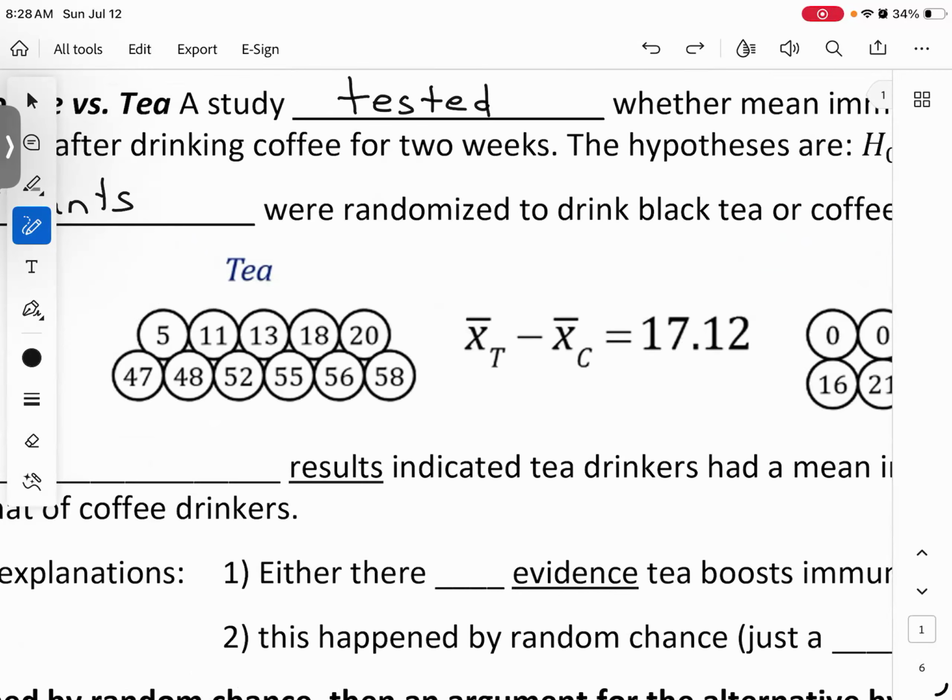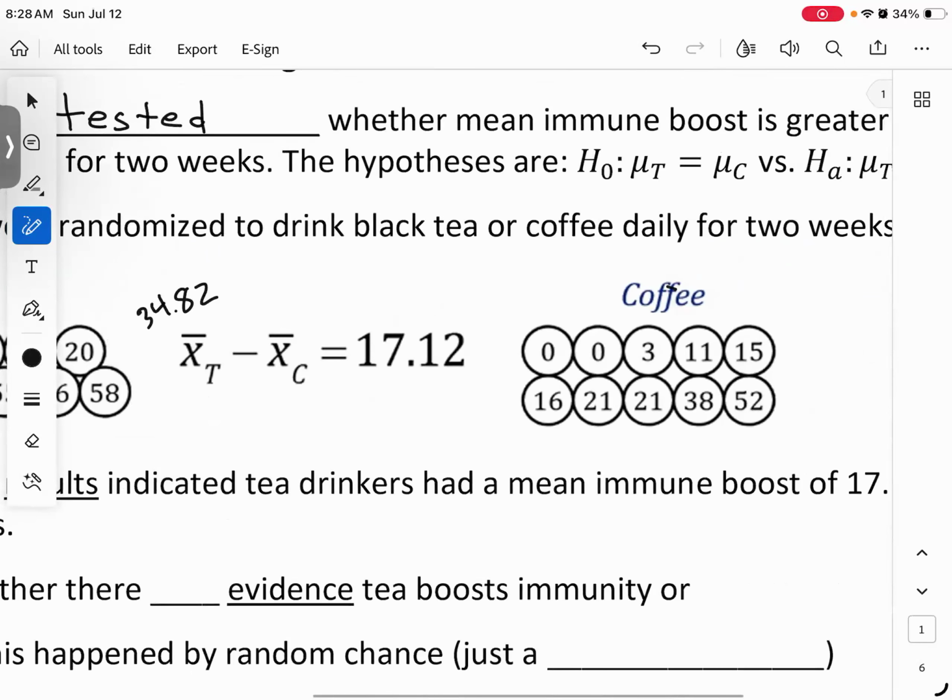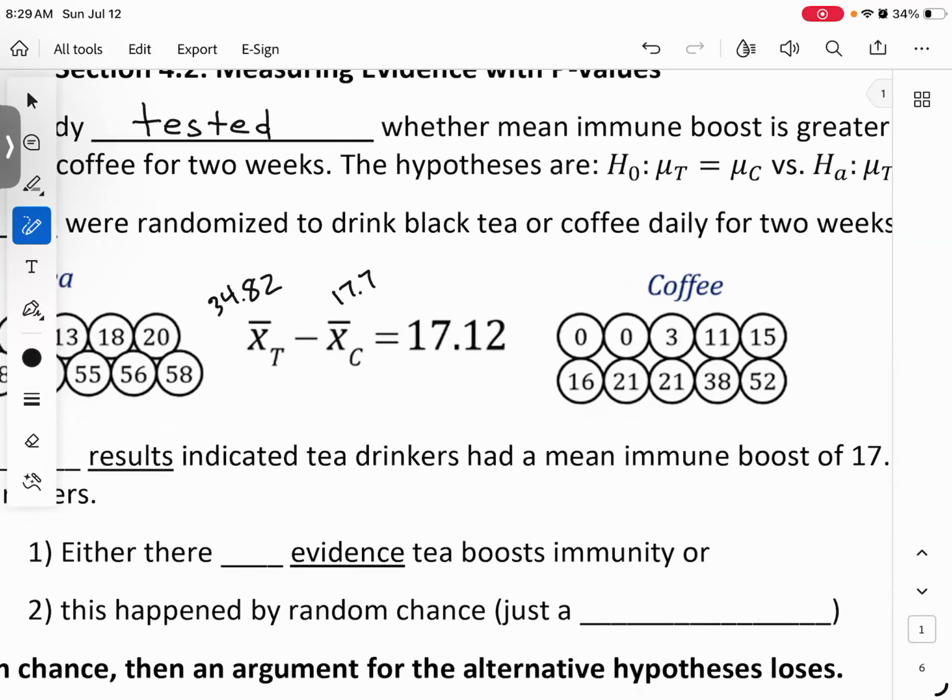For coffee, I'm just going to sneak it right in here, it was 34.82. And for the tea people, whenever their average came back, it was 17.7. And so that's where you can see roughly a 17-point higher score for the tea drinkers.